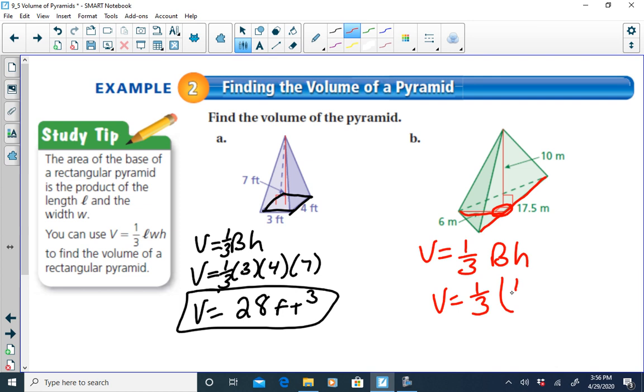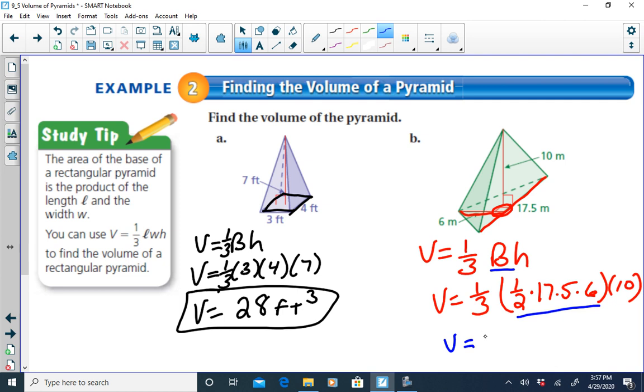Base area is going to be 1/2 of 17.5 times the 6, and then we have to multiply that by the height of 10. Because it's a triangle, the area is 1/2 base times height, and then 1/3 of that times 10.